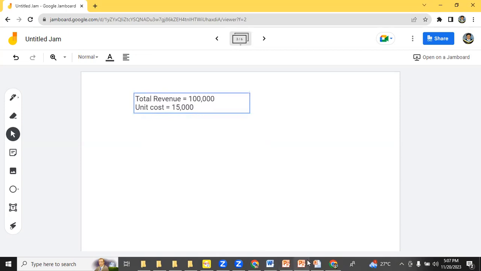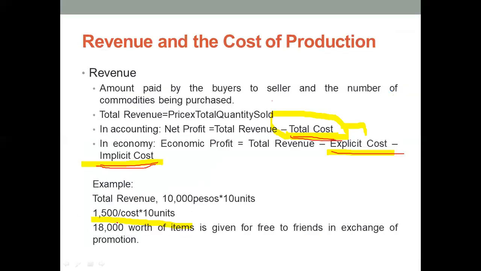Unit cost, paano nakuha? That 1,500 times 10 units, 15,000.